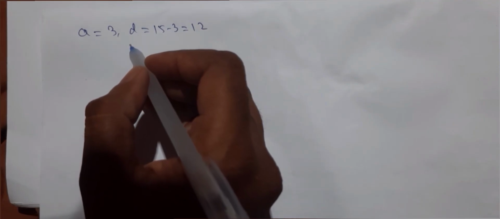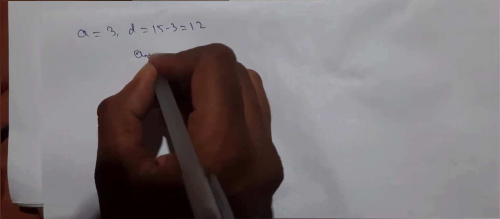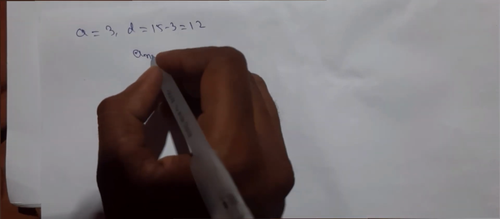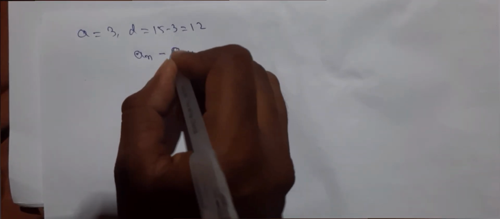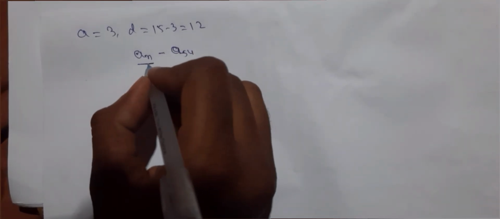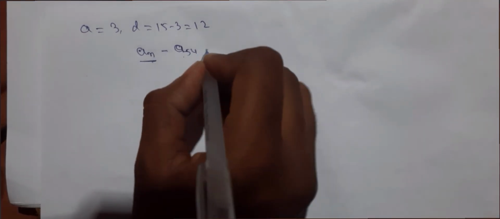We don't know where the place is. So for example, that value is lying somewhere, an is the place. So this is bigger than the term which is lying at the 54th place. This is the term where a value is lying which is bigger than the value lying at 54. How much bigger? It is bigger by 132.